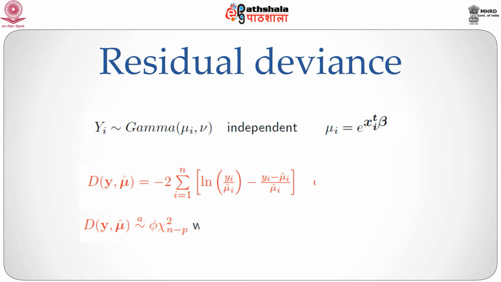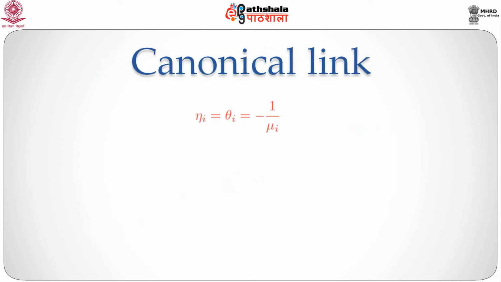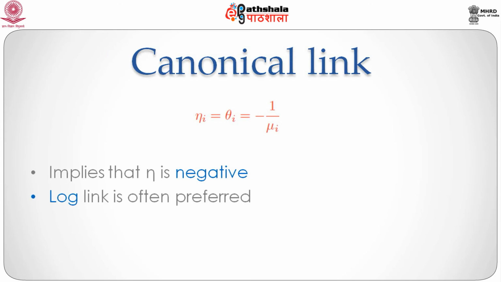The deviance can be used to measure goodness of fit, and this can be done by using the fact that the deviance is distributed as φ times a chi-square random variable with n minus p degrees of freedom. Note that the canonical link for the gamma distribution is ηi equal to θi, which is equal to minus 1 over μ.